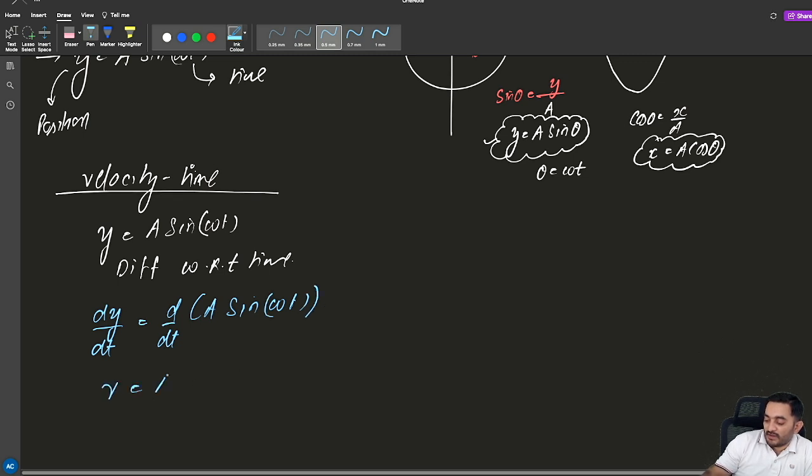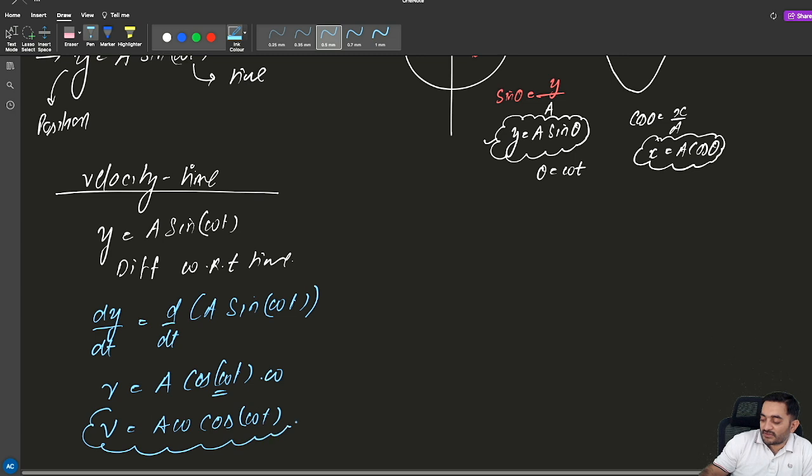Here a is a constant, the derivative of sine omega t is cos omega t, and then you differentiate the inner function again. So the value looks like a omega cos omega t. This is your velocity time equation.